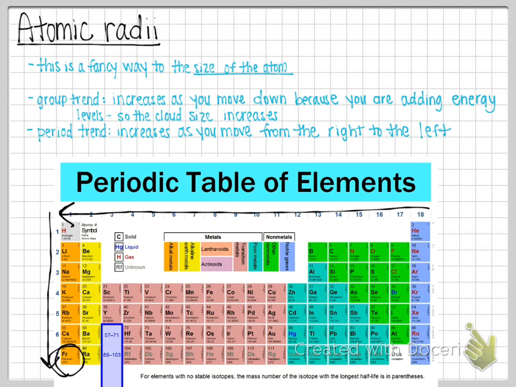So if you had calcium and selenium, calcium would be bigger because it is farther to the left. If you had lithium and potassium, potassium would be bigger because it's farther down. So just follow those trends when you are comparing sizes of atoms.